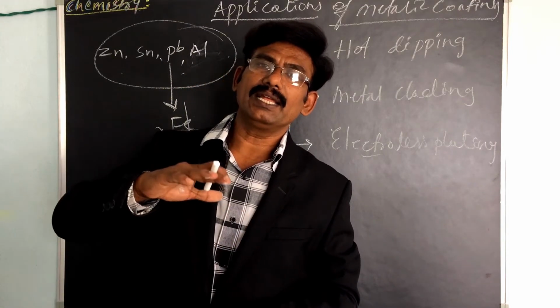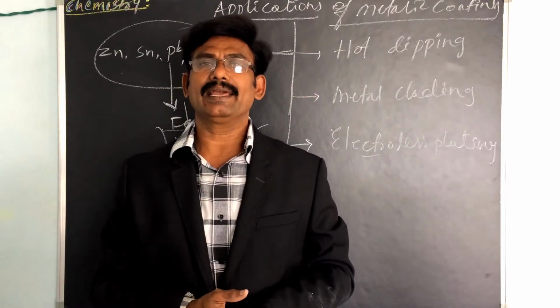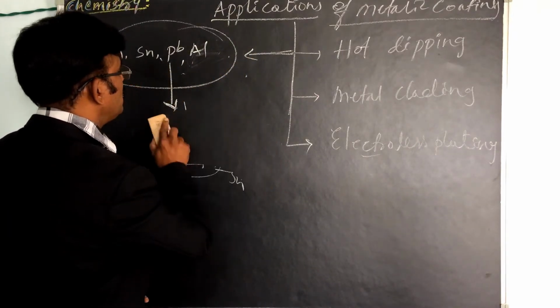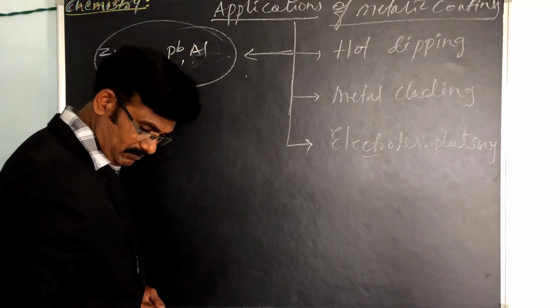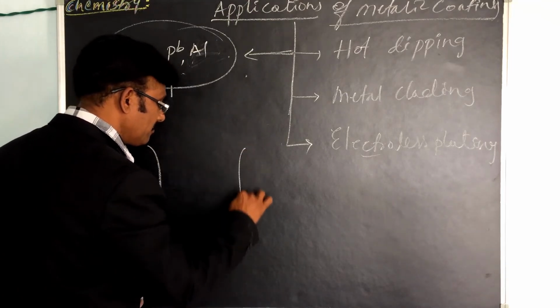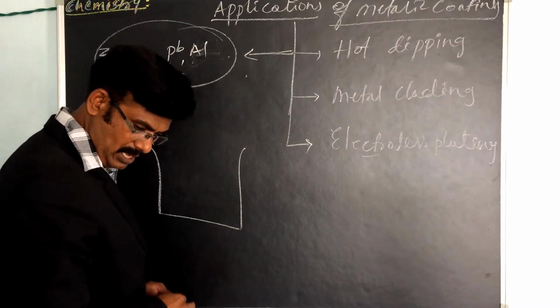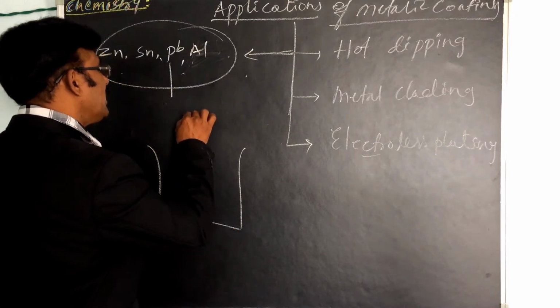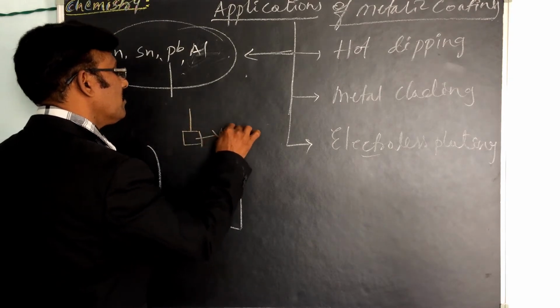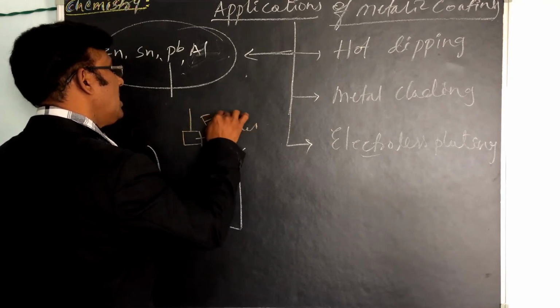So that coating is converted to a molten layer. For example, let me draw one diagram. Here is an iron vessel.